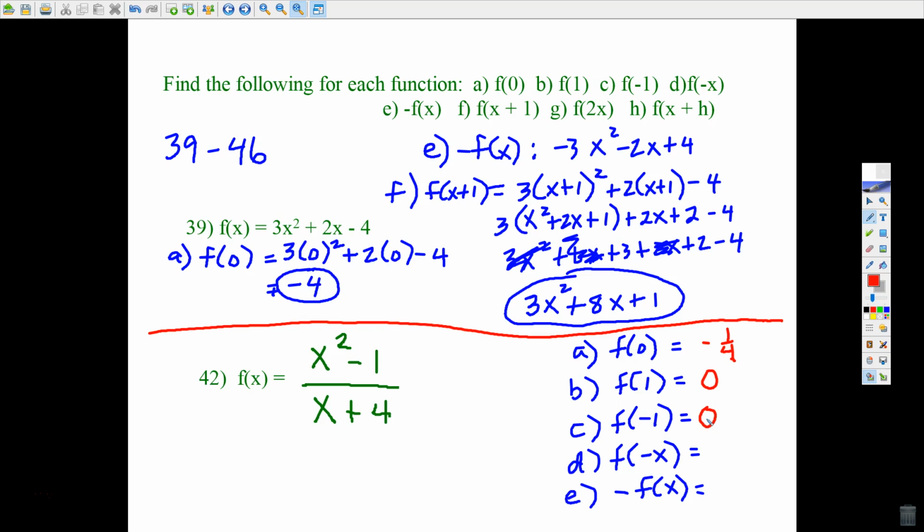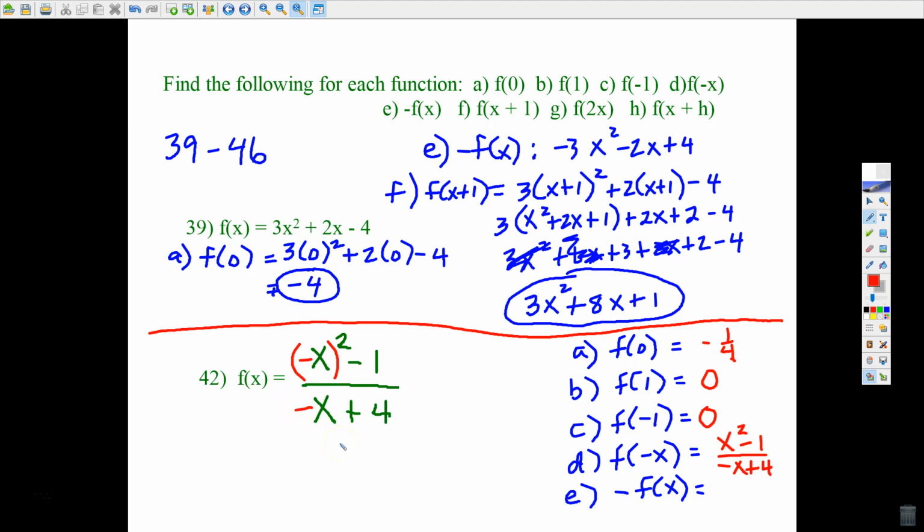All right. Adam, what'd you get for letter D? Okay. See if I can squeeze that in. Who got it right? Who has a question about that? If you input negative x in place of x, which is what it says to do, it becomes x squared.